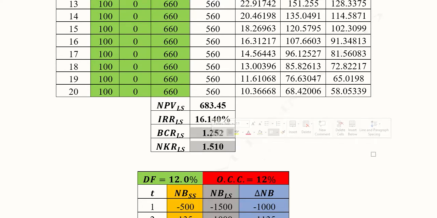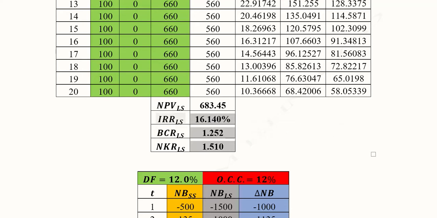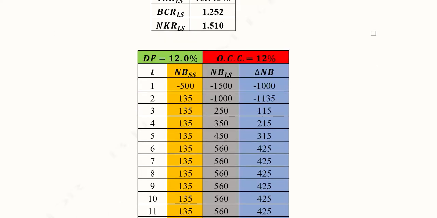It means that they are also giving the same kind of interpretation as given by IRR, that the small scale alternative is superior, and the large scale alternative is superior as per the NPV criterion. This is where we have to come up with some other approach, because right now there is confusion between and among the various discounted measures of project worth.